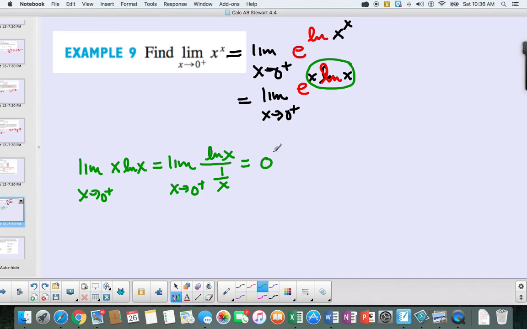If you want to look back a couple of slides, you can go ahead and do that. So this value right here goes to 0. So this is going to be equal to e to the 0, now that we know this limit goes to 0. And so the answer to our question will be equal to 1.